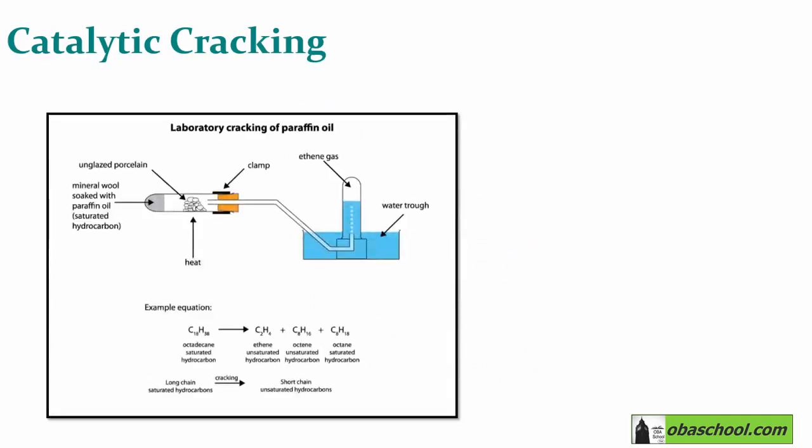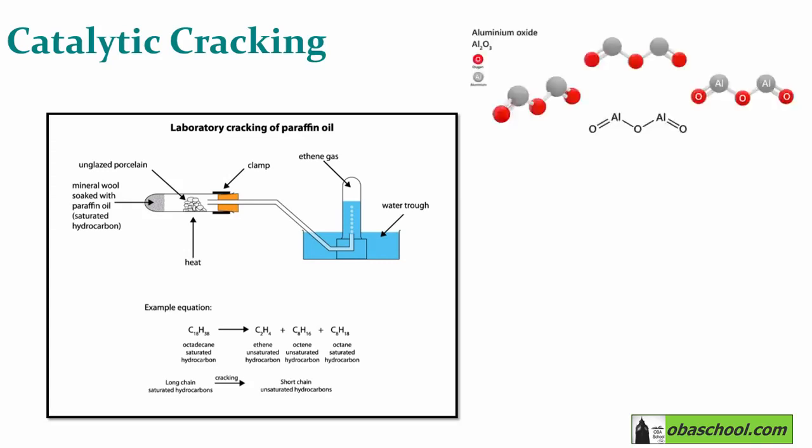In the lab, catalytic cracking can be conducted using this apparatus. And in this case, lumps of aluminum oxide will be used as a catalyst. So the catalyst will be aluminum oxide.